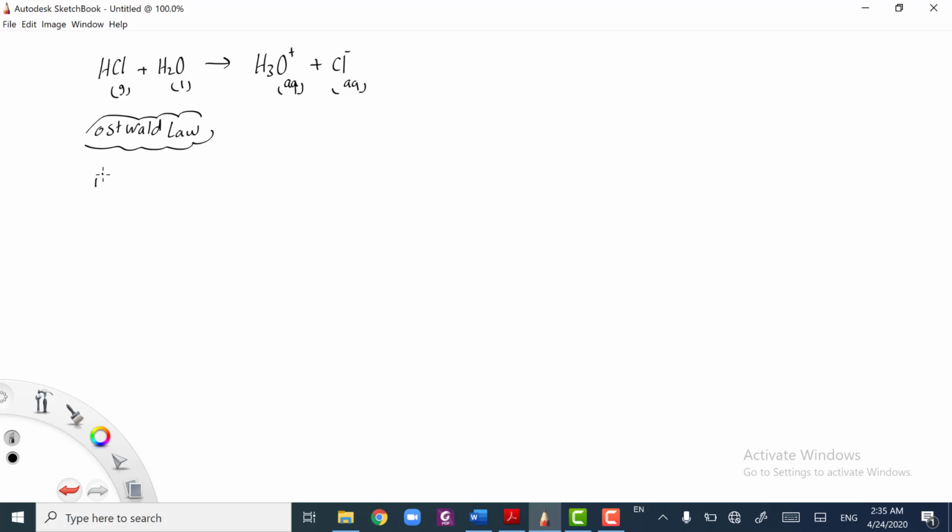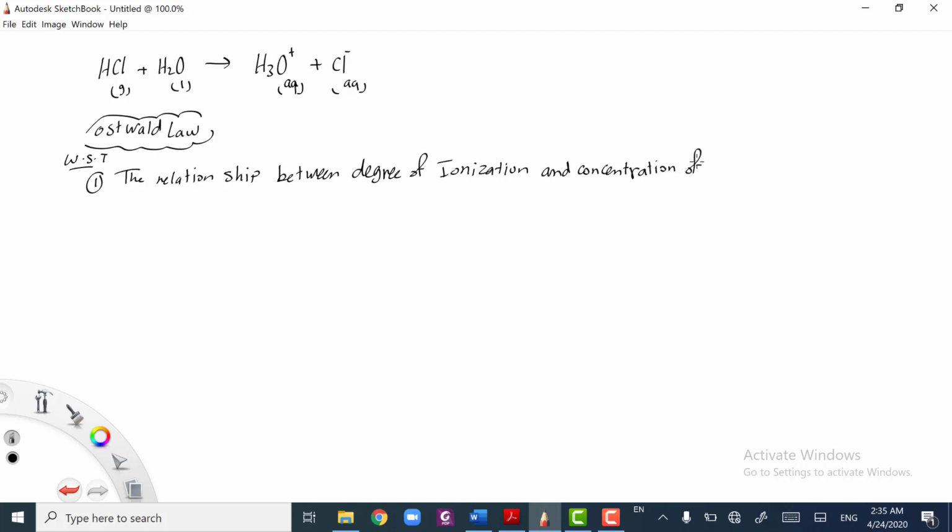Number one, write the scientific term for the relationship between degree of ionization and the concentration of a weak electrolyte.